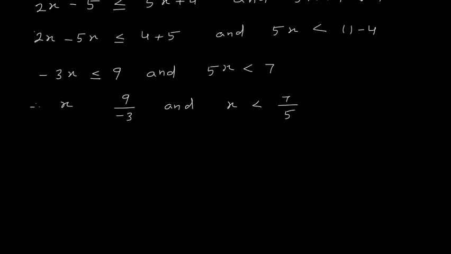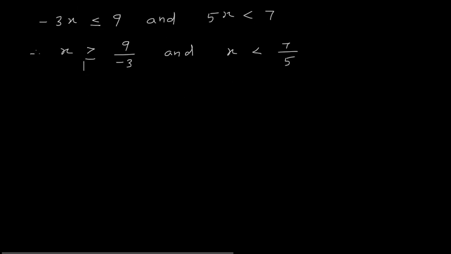Now less than or equal to changes to greater than or equal to. So x is greater than or equal to minus 3, and x is less than 7 upon 5, which is 1.4.